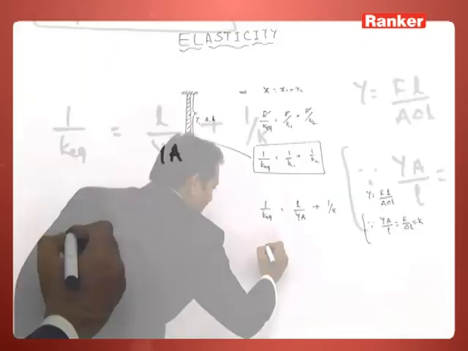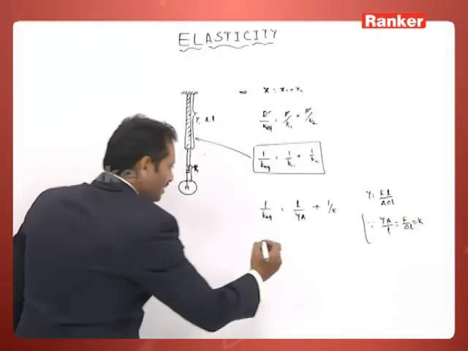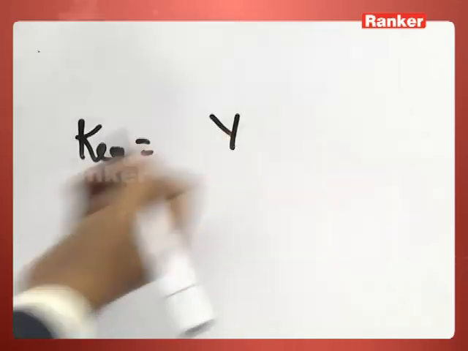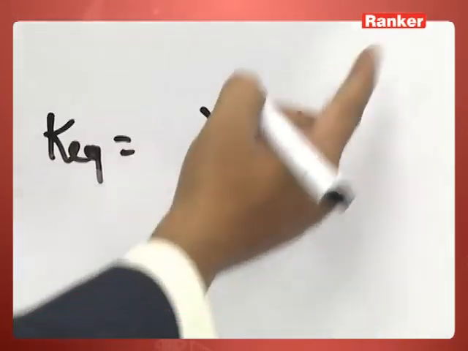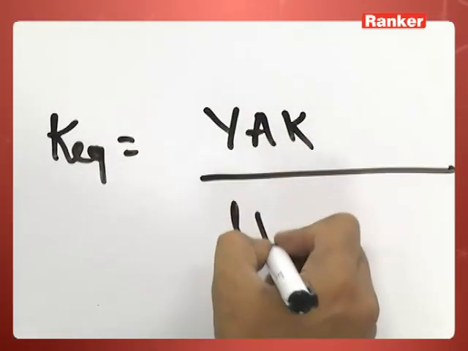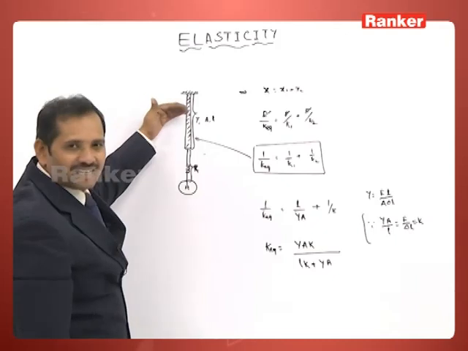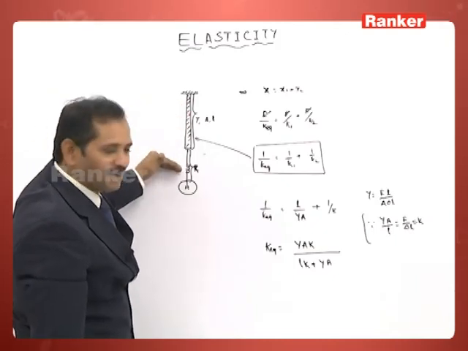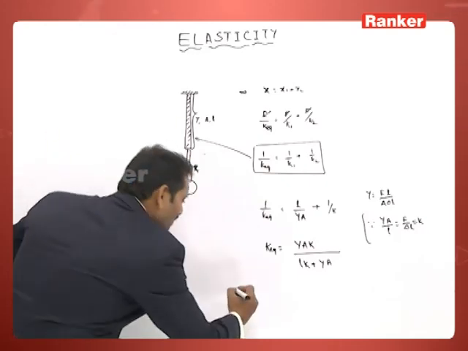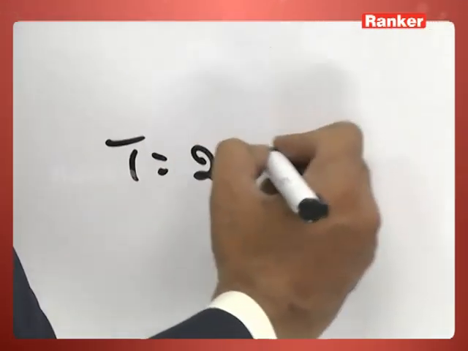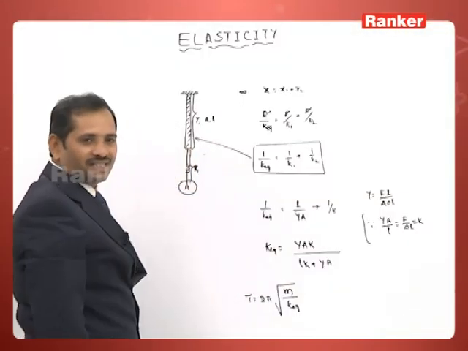So K equivalent, I think you can understand it very easily. Make it LCM and reciprocate the term: K equivalent equals YAK upon LK plus YA. Now this is nothing but a loaded spring arrangement, so I can calculate the time period very simply. T equals 2 pi square root of m by K equivalent.